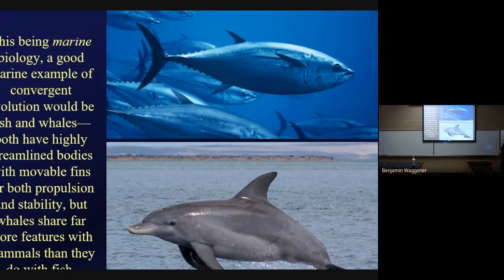And there's really only one way to make a low drag swimming body, and both tunas and dolphins have it. So they're both highly adapted towards long distance, high speed swimming, which they can do very efficiently. They've both got movable fins both for propulsion and for stability.